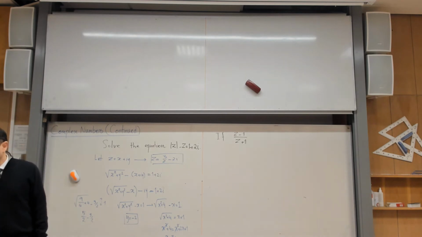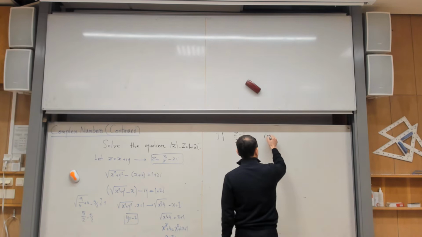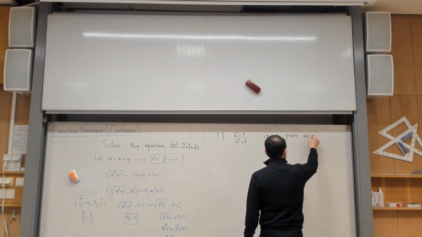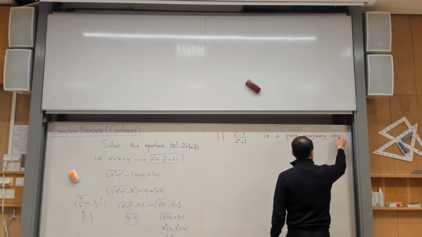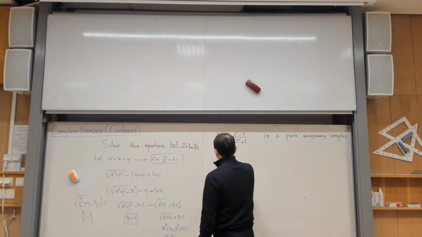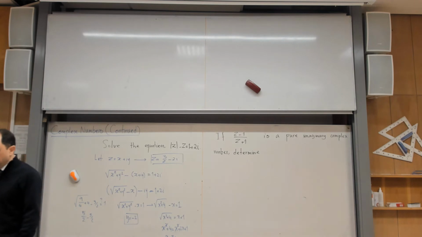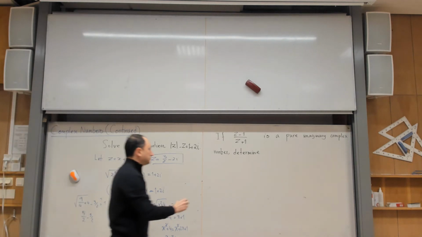If z minus 1 over z plus 1 is pure imaginary, determine the absolute value of z.